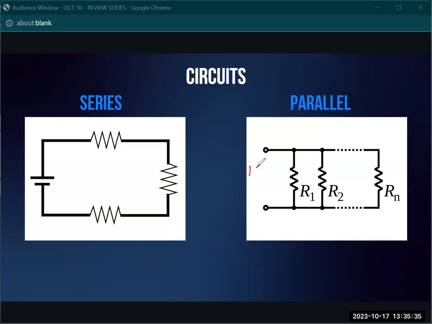So, 15 volts, and consistent na siya all throughout. Tapos, meron tayo, kunyari, 10 ohms, 20 ohms, 10 ohms, tsaka 5 ohms. Para makuha natin yung total niya, let's just add it up. 1 over total equals 1 over 10 plus 1 over 20 plus 1 over 10 plus 1 over 5.